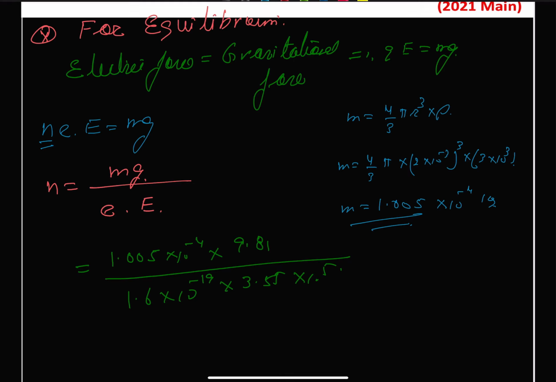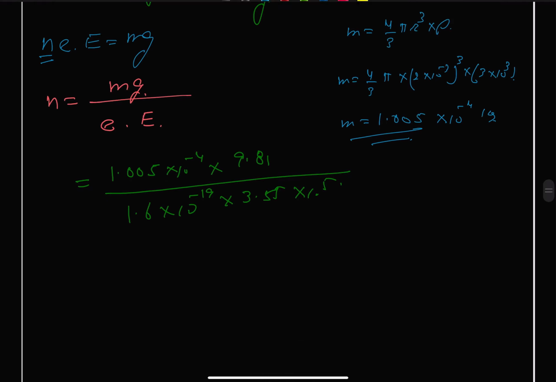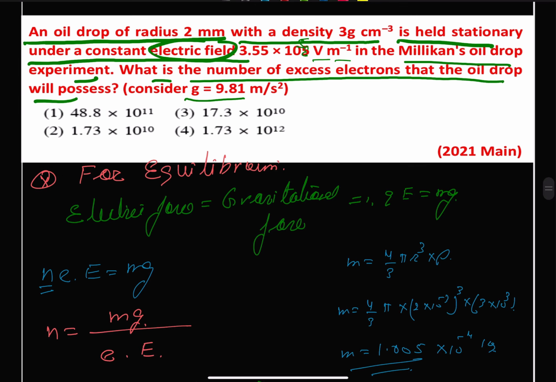So we get the number of electrons equal to about 1.74 into 10 to the power 10. So option 2 is correct.